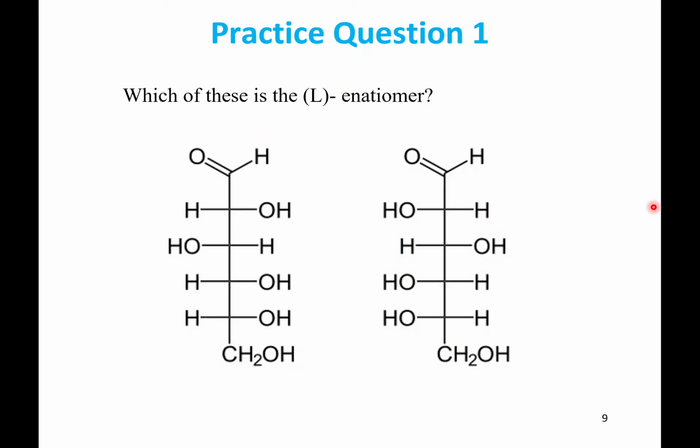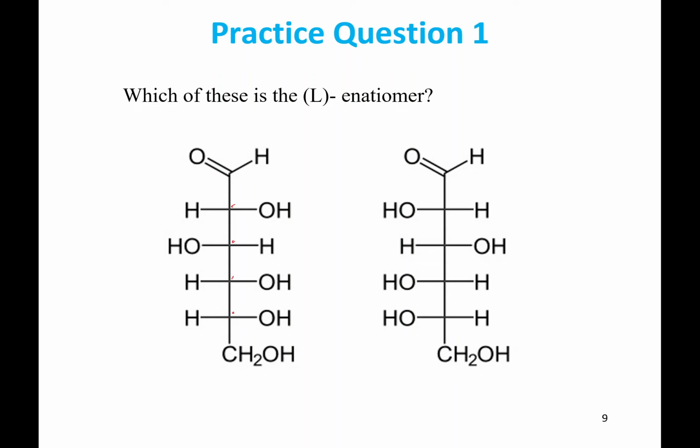Okay, so a practice question. Which of these is the L enantiomer? Okay, so remember, think back to how you designate this. There's many carbons that are stereocenters that could have these D and L designations.